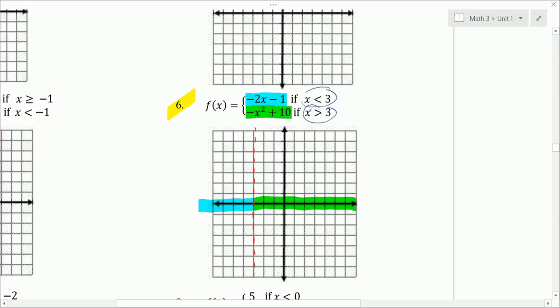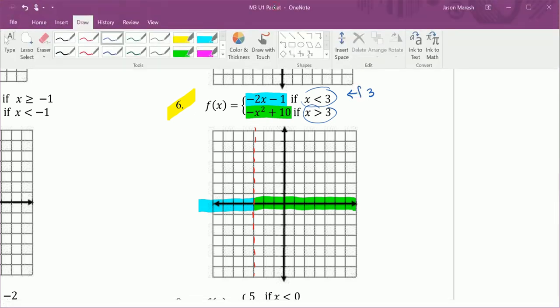Where things are changing, you have to plug that in. So on the top one, I'm going to plug in a 3. It's going to give me a point when I do that. So I get f of 3. Well, I don't want to write f of 3. I'm just going to write y equals.